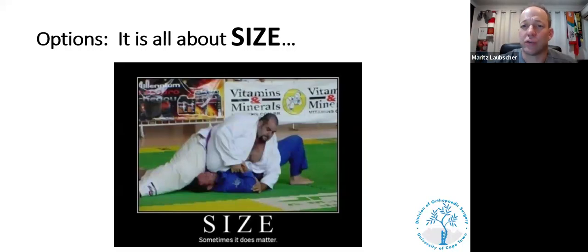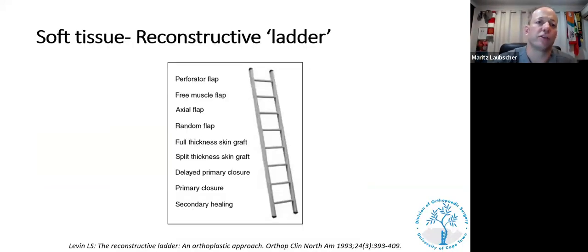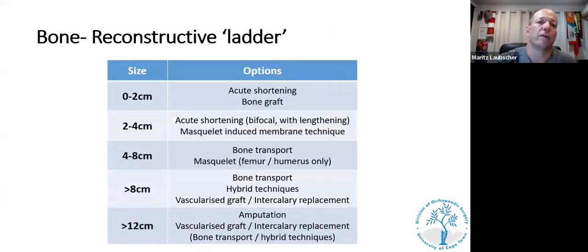Now, in plastic surgery, they talk about the soft tissue reconstructive ladder, and this is a reconstructive options with increased complexity used for different size defects. So I like to think of the bone reconstructive ladder also according to the size of the defect.